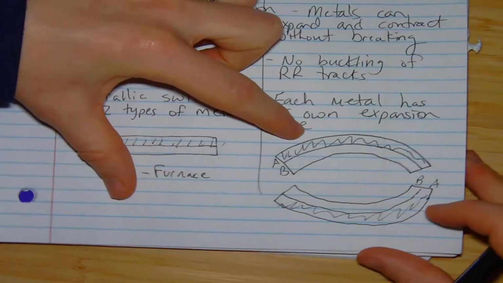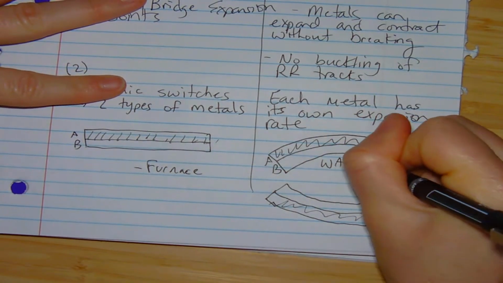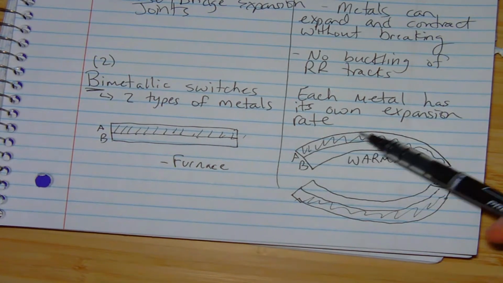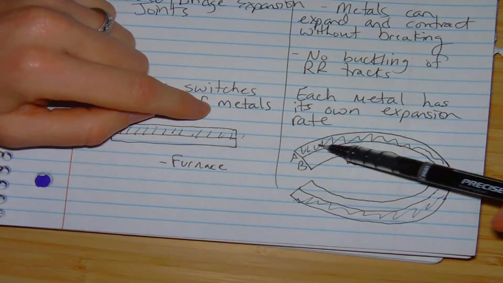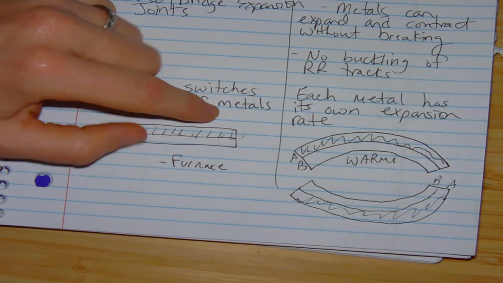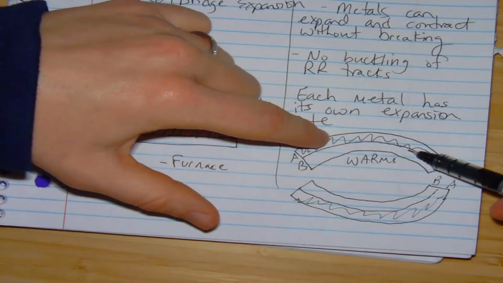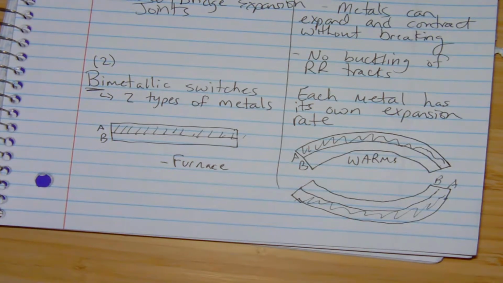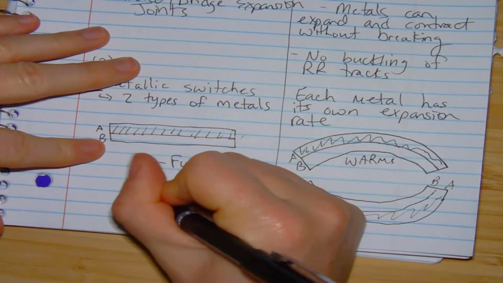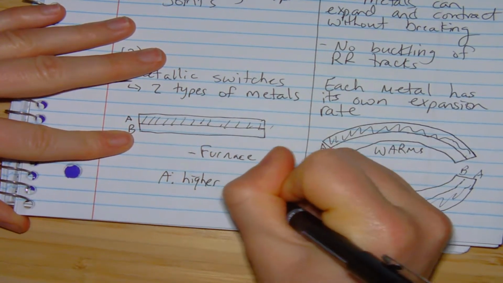All of a sudden your house starts to, we could say it warms up, and it looks to me like B is not able to expand as fast as A. So A is expanding crazy fast, and it causes it to essentially bend around B. All right, so it looks like in this situation, A has a higher expansion rate.